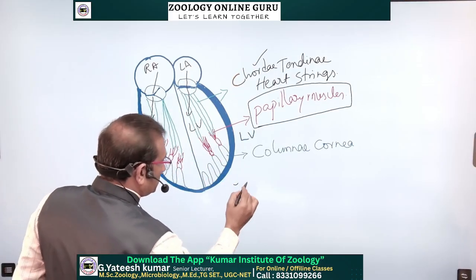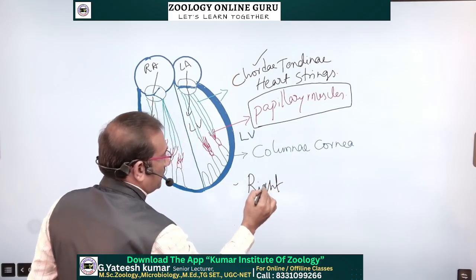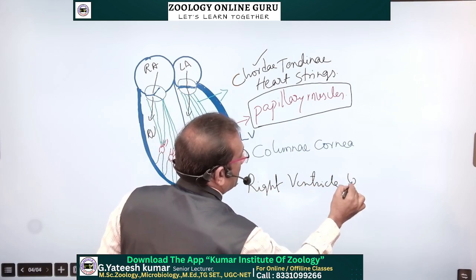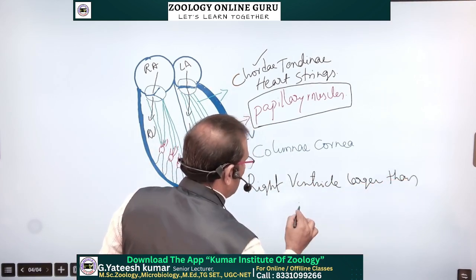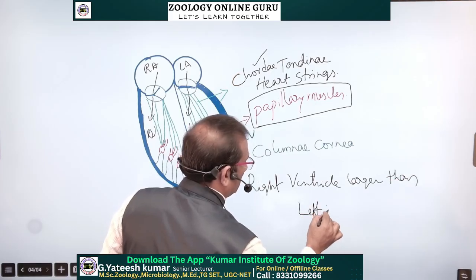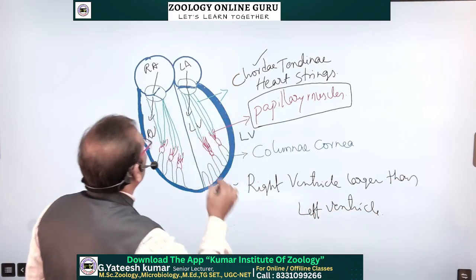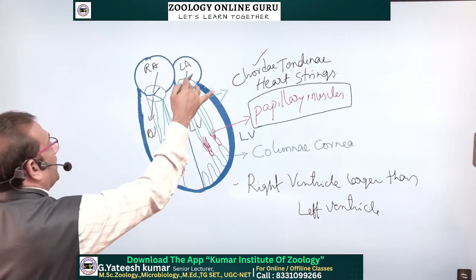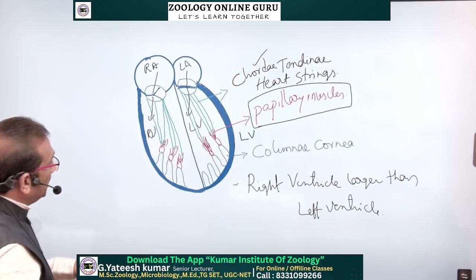So on the right side both the chambers are larger, and on the left side atria and ventricles both are small chambers.